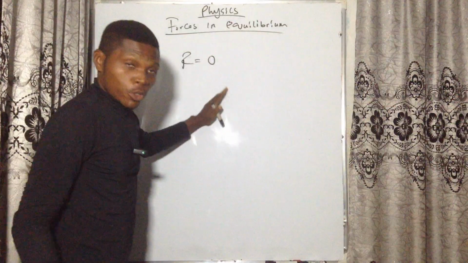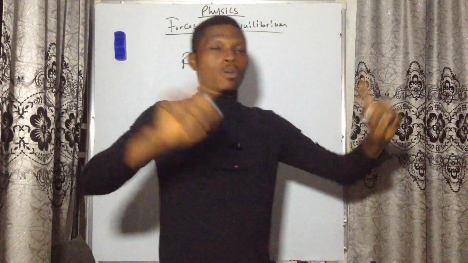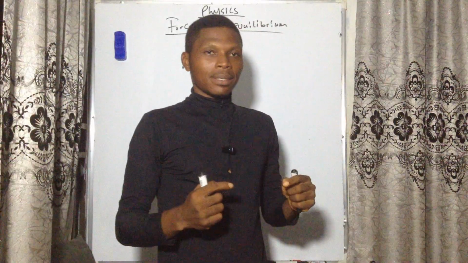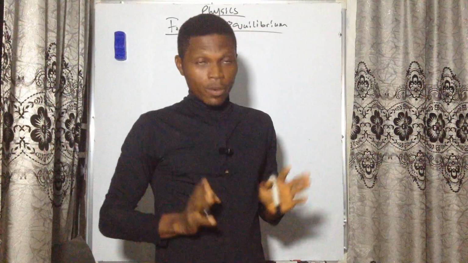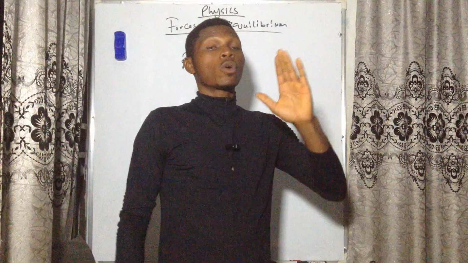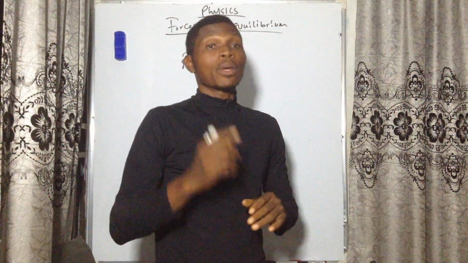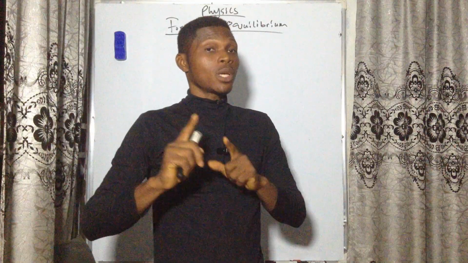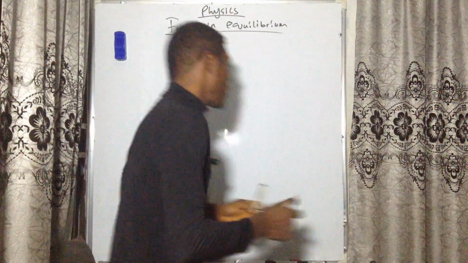This is the first condition. Condition two, the algebraic sum of the moments about any point on the body is what? 0. Now, these are the two conditions that will be satisfied for a body to be in a state of what? Equilibrium.